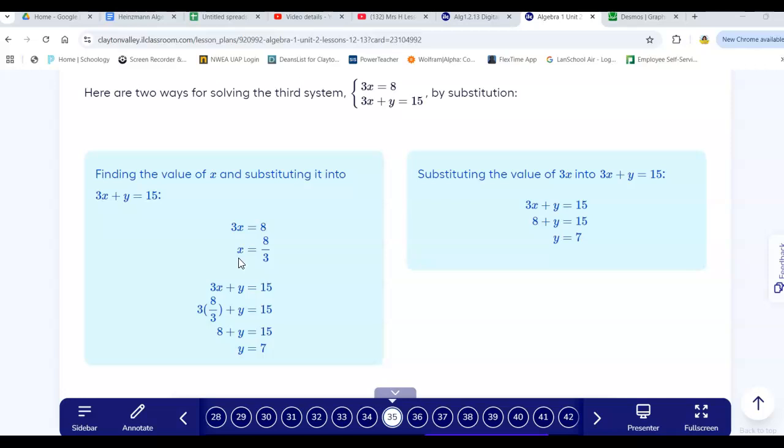You've been doing this for several lessons. It's not anything new. The new part is taking this piece that you just solved for and dropping it into the equation in place of x. Now, why would you do that?